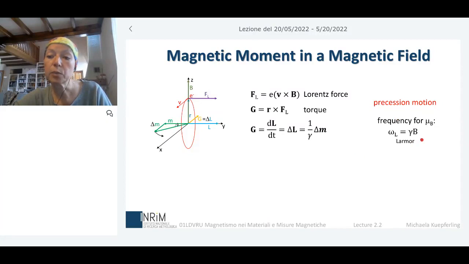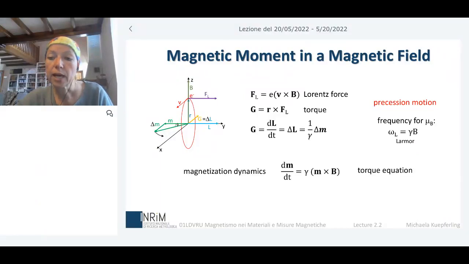With which frequency will it precess, especially if we think about our electrons, so think about an elementary magnetic moment, mu Bohr, then the magnetic moment will precess at a frequency which is proportional to the magnetic field. And this is the so-called Larmor frequency.